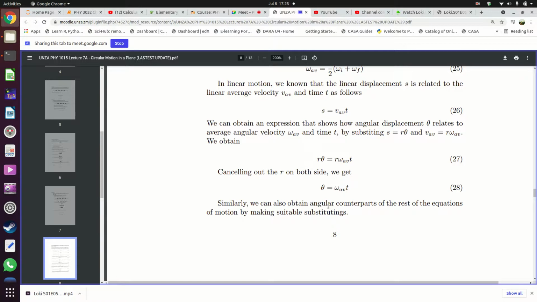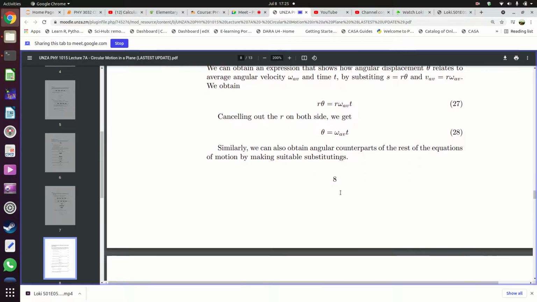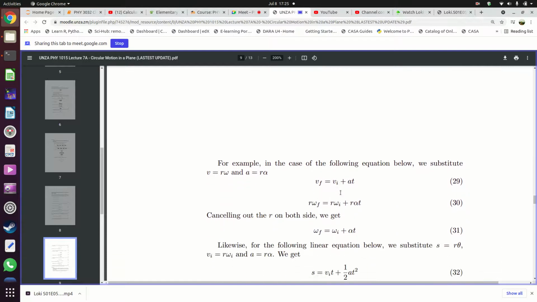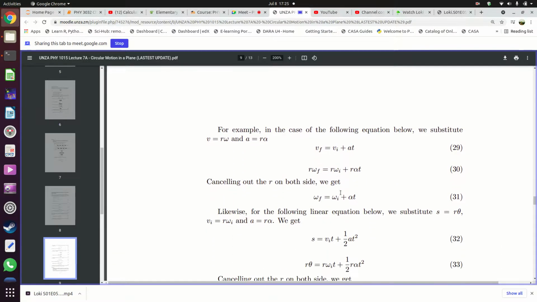So far we have seen two equations which are carbon copies of each other. The good news is that going forward, you're going to see that more of your equations of motion turn out to be carbon copies of each other, and that should make life very easy.